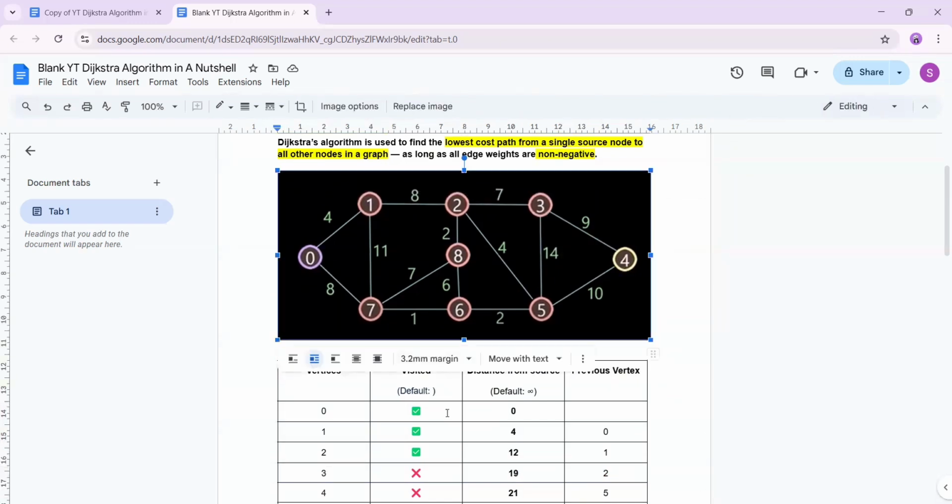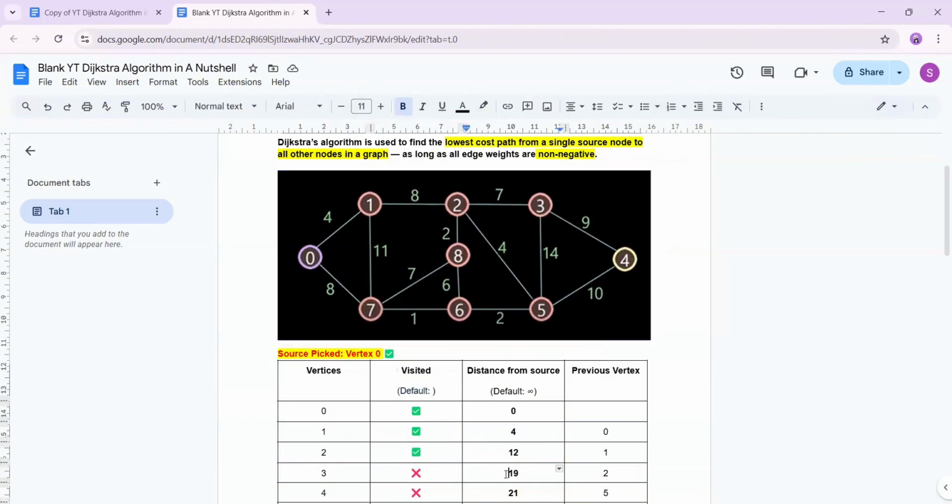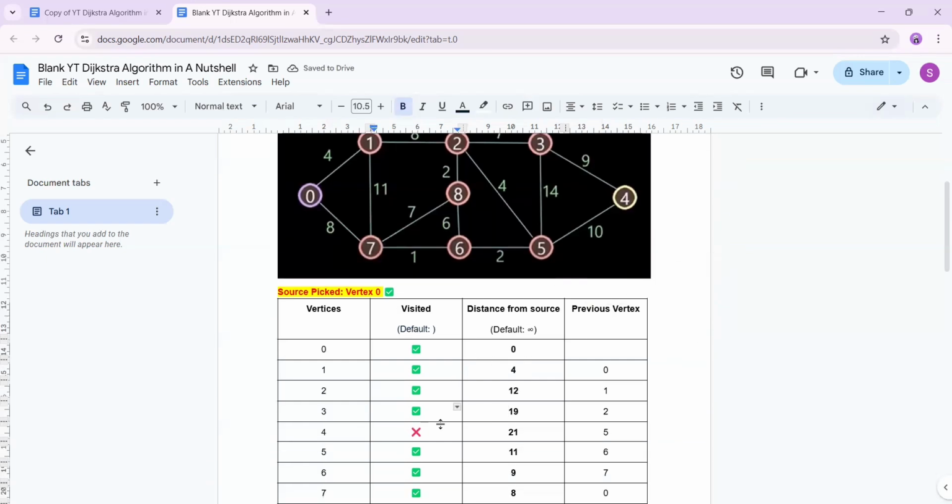So 3 to 4, originally I have 19, right? 19 plus 9 is 28. 28 is greater than 21, so I'm not going to update it. So I will remain this, and then I will mark it. And then the rest of it, I will mark it as well, 4.